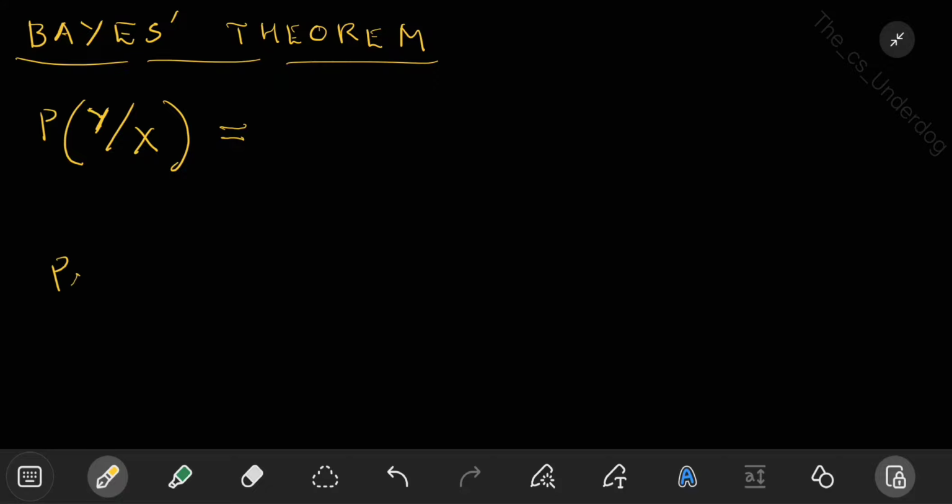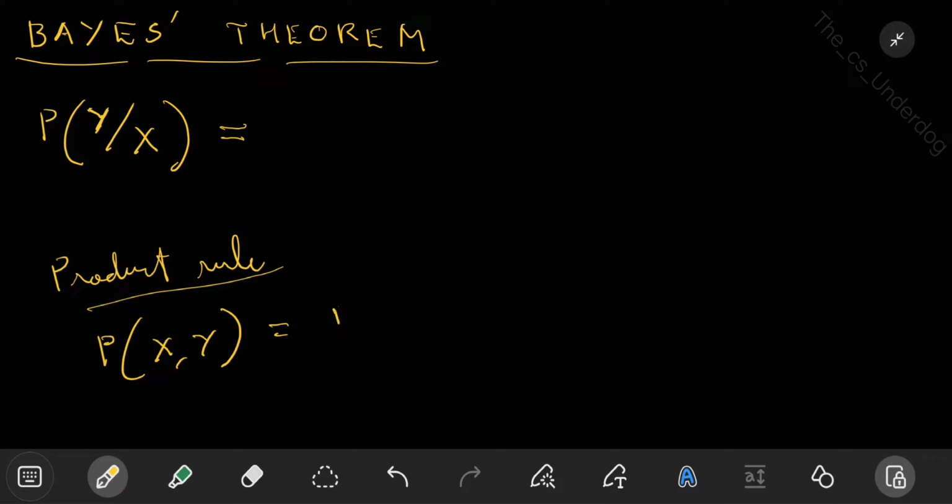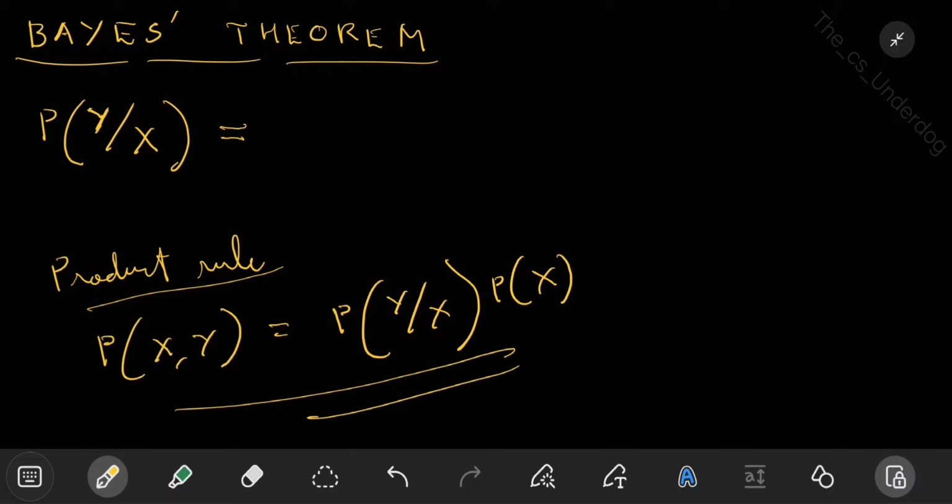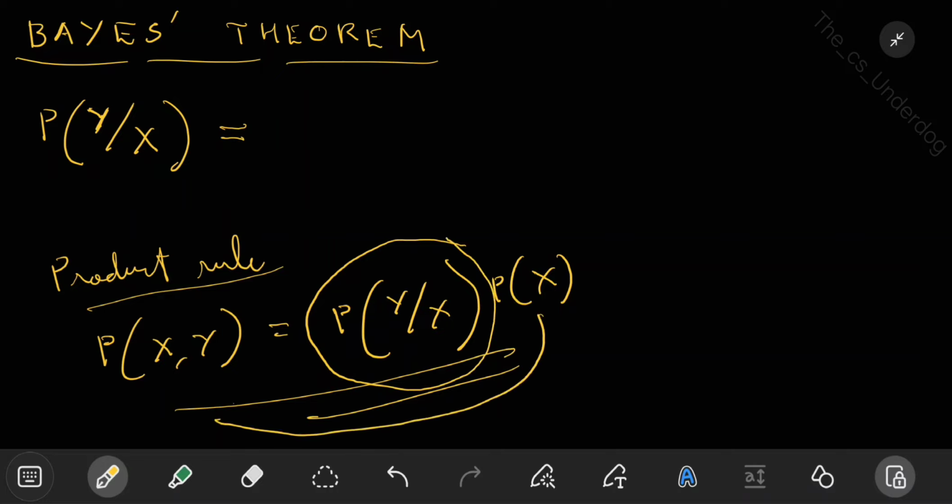Let us revisit the product rule. In the product rule, we learned that P of xy can be expressed as P of y given x into P of x, right? From here, if you want to find P of y given x, what can you do? You take this P of x and put it as the denominator, moving it from the left hand side.